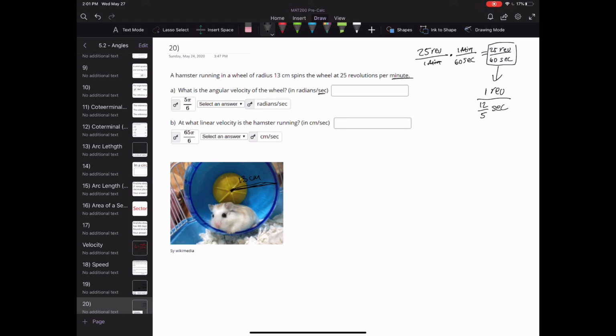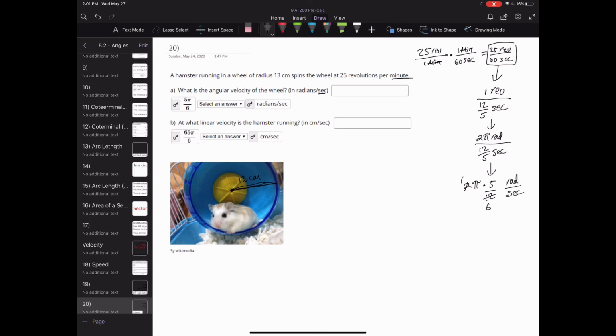So 1 revolution happens in 12 over 5 seconds, or in other words, 1 revolution is really just 2 pi radians. So 2 pi radians, 12 over 5 seconds. Now that is the angular velocity, but let's simplify it a little bit. 2 pi times the reciprocal, which is 5 over 12. 2 into 2 is 1, 2 into 12 is 6, and the units remain the same.